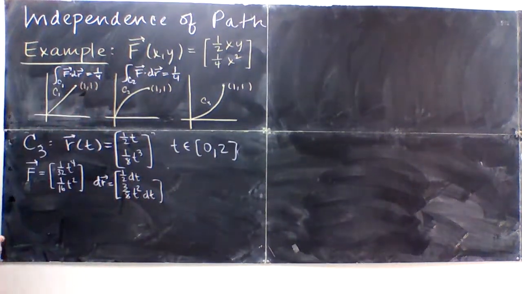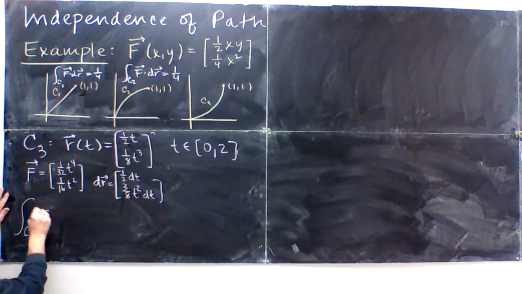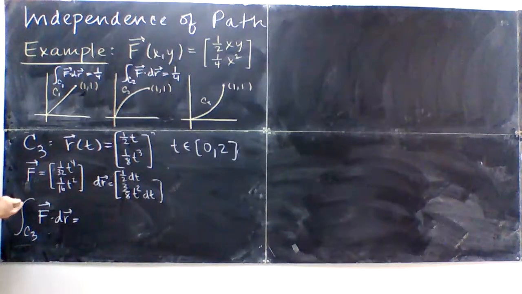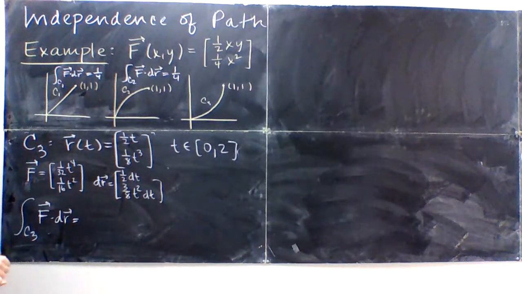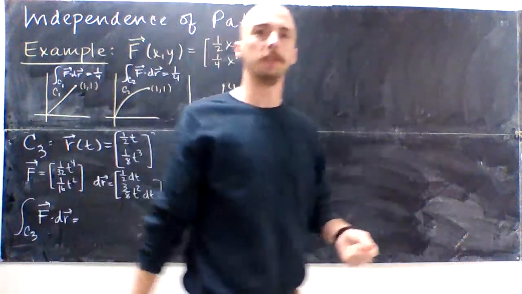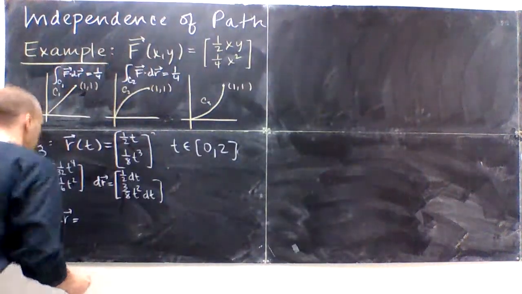Now I'm ready to compute the integral of F dotted with dr over curve C3. That's going to be equal to, all right, F dotted with dr, 1/32 times 1/2 is 1/64. I just know, because I've already worked this example, I don't want 64ths, I want 128ths, so I'm going to say that's 2/128.